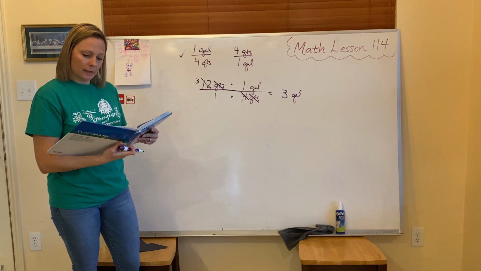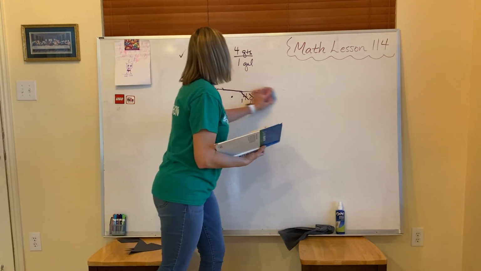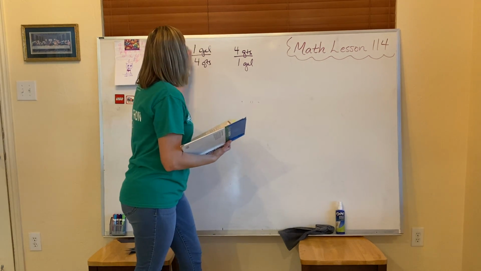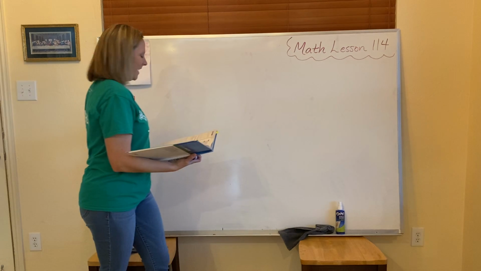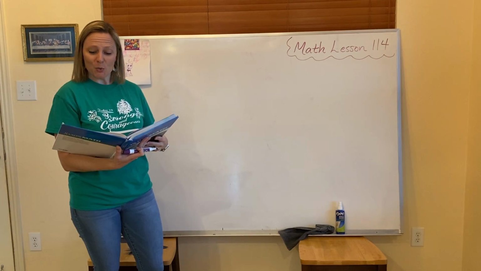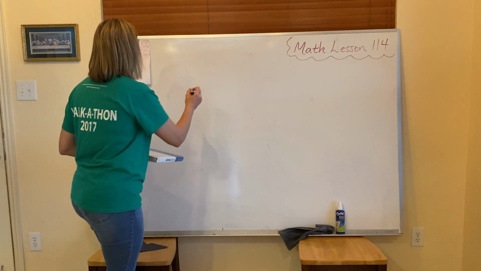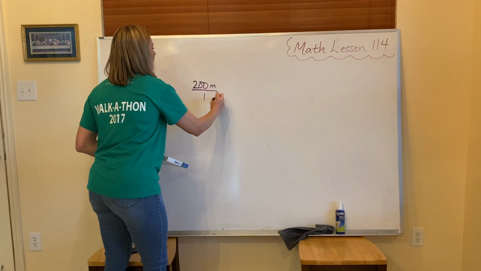Let's look at F. Okay. F says use a unit multiplier to convert 200 meters to centimeters. Okay, so we want 200 meters into centimeters.